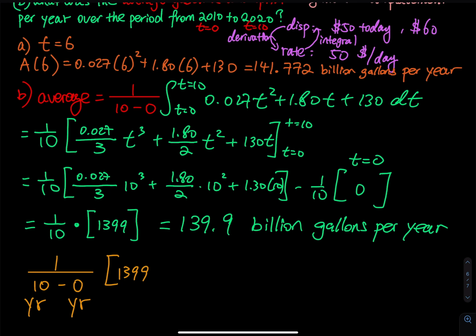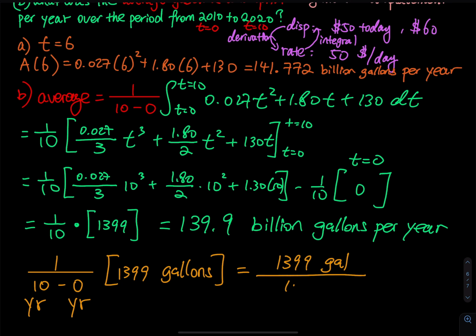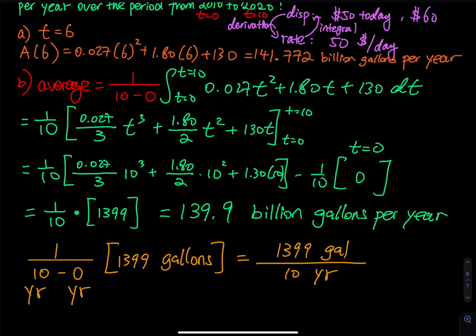So you should get 1399 just gallons. I agree with you. So you have 1399 gallons divided by 10 years, and then the unit is 139.9 gallons per year. That's how you get the unit.